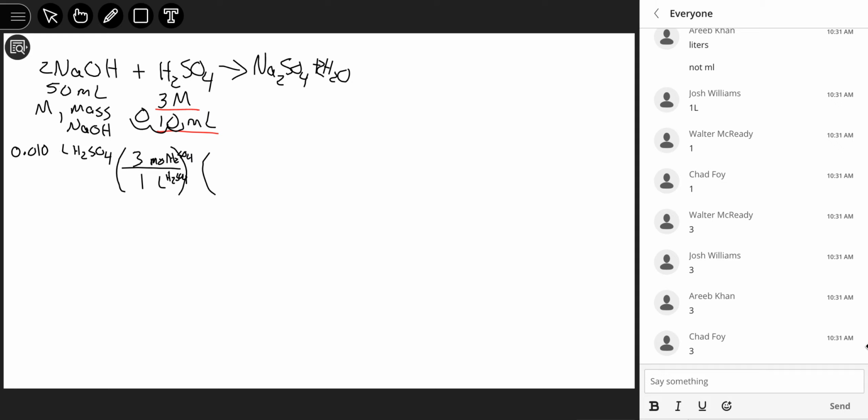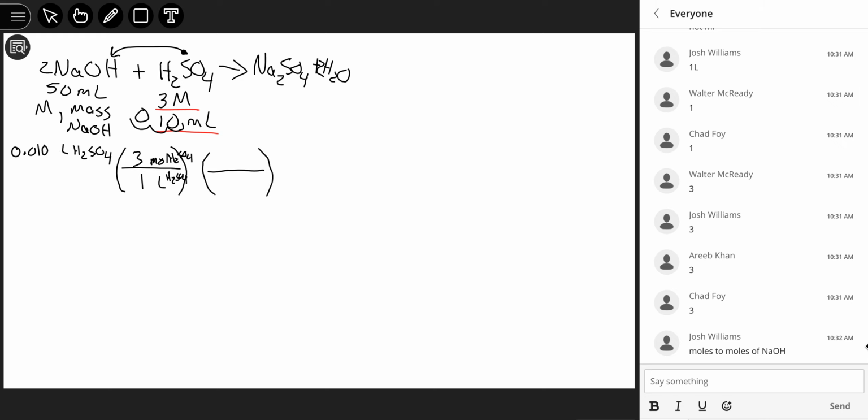All right. Once we're at moles of H2SO4, where do we need to go then? Because we start out here, and we want information about that guy. Yeah. So we're going to go to the thing we need information about. So we need information about sodium hydroxide, so we're going to go moles to moles there.